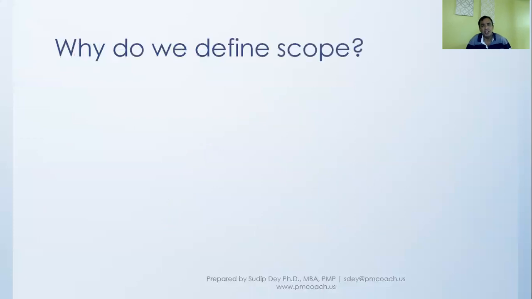The question that lurks in many people's minds is, why do we have to define scope, because we have already collected requirements, right? Why do we really have to go about defining scope after we have collected the requirements?